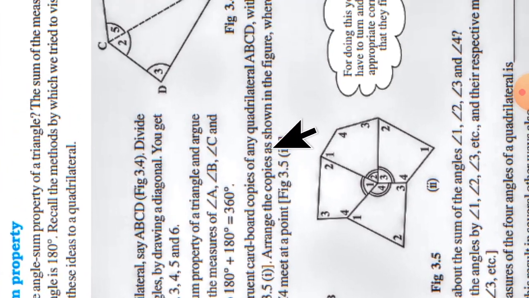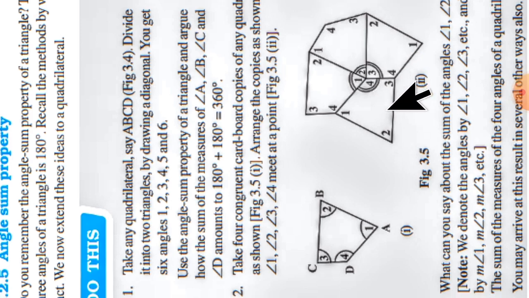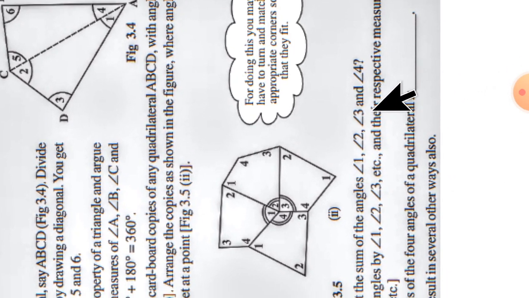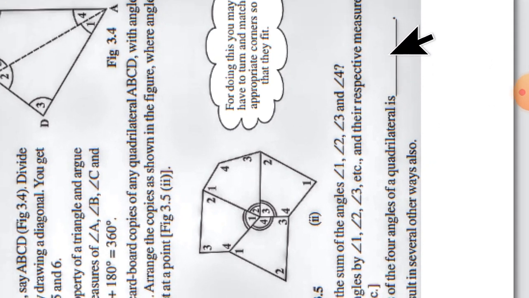Arrange the copies as shown in the figure, where angles 1, 2, 3, 4 meet at a point. Here angle 1 is coming, here angle 2, here angle 3 and here angle 4. So in the middle all these 4 angles make a complete 360 degrees. That means the sum of the measures of the 4 angles of a quadrilateral is 360 degrees.